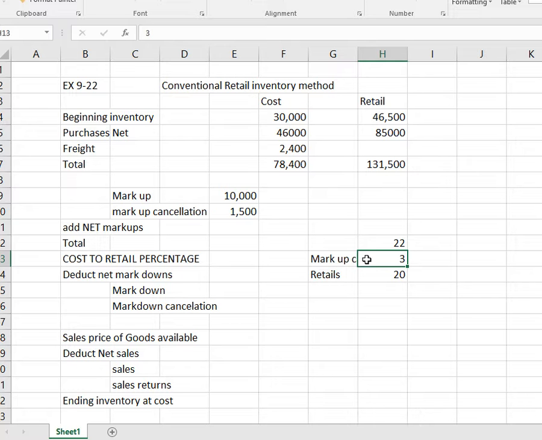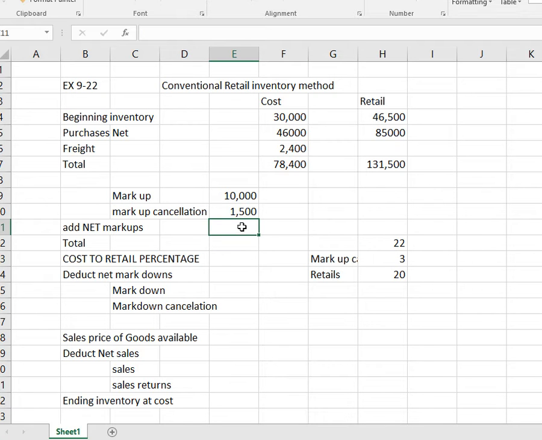I don't want clearance items that have markdowns, because they'll skew the ratio from cost to retail. We want to keep things right at retail or above retail. So I'm only going to include the inventory that has its original value or higher value, so I don't distort this cost to retail percentage.